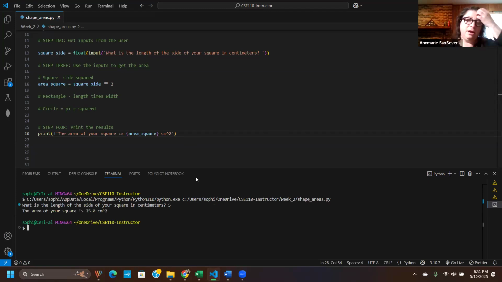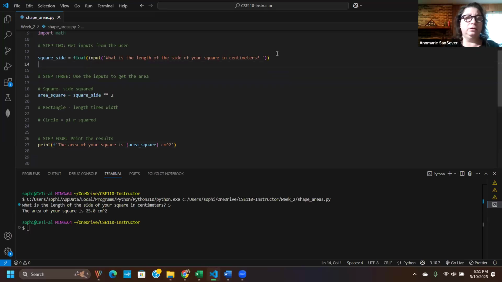Let's try the rectangle now. So we need our input, rect. For rectangles, when we look at our formula, the area is length times width.